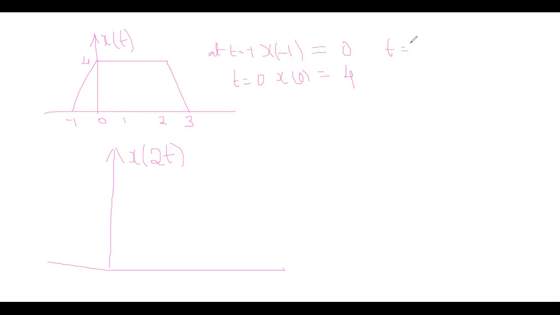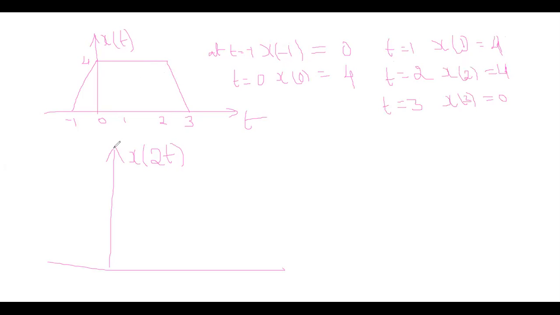At t equal to 1, x of 1 is also 4. At t equal to 2, x of 2 is also 4. And at t equal to 3, x of 3 is 0. These are the t values I am substituting, the values given for the graphical representation of the signal x of t.